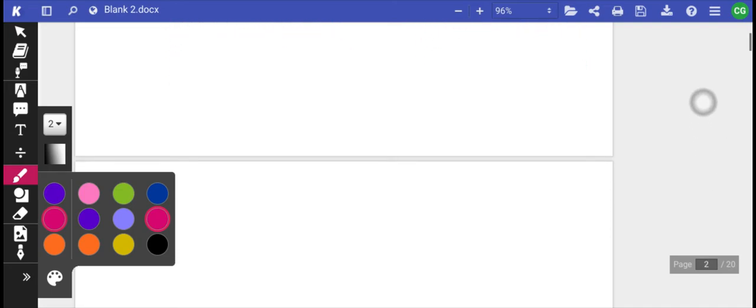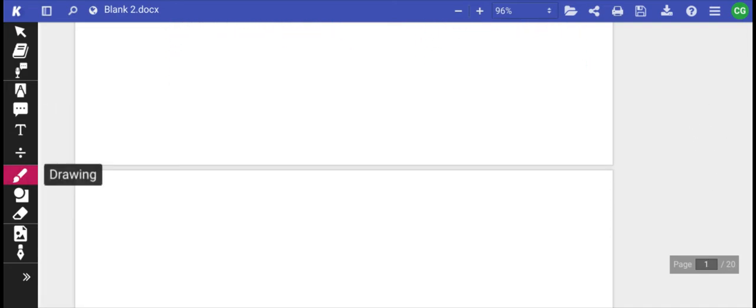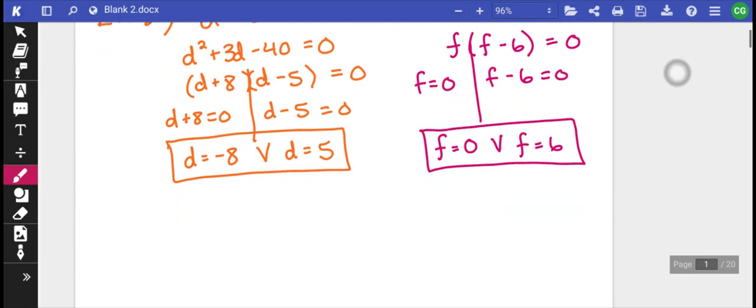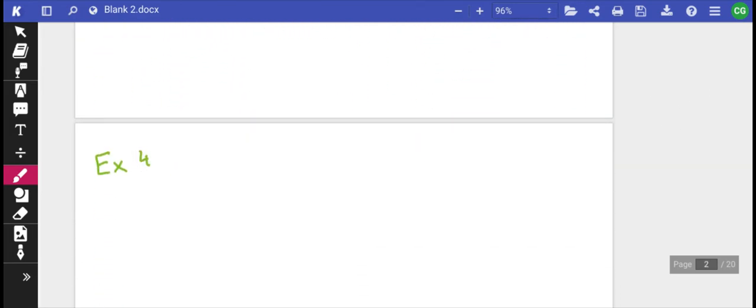All right, let's try just 2 more. Example 4: k squared minus 9 equals 0. When I factor, I've got the difference of two squares. So k minus 3 times k plus 3 equals 0.